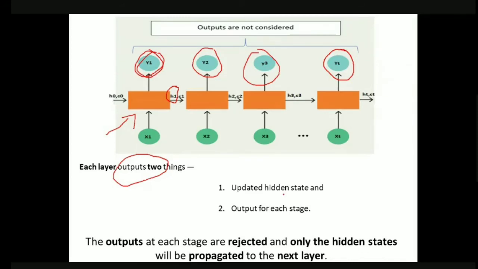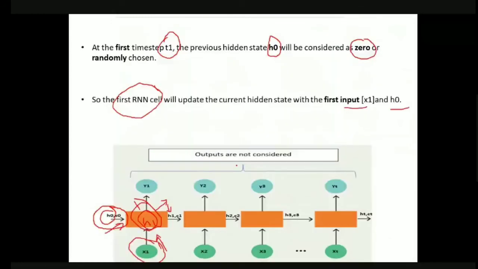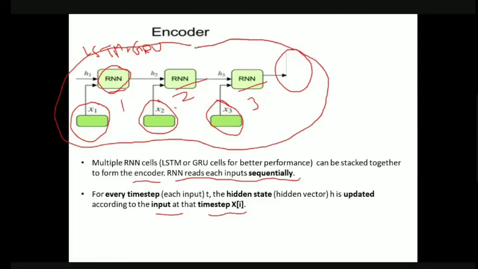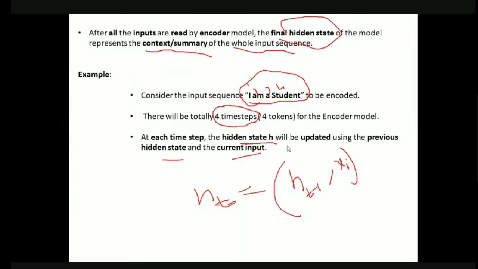First one is the updated hidden state, and updated hidden state means this. So for this unit H1, for this unit H2, for this unit H3. And output for each stage means Y1, Y2, Y3 and Y4. But remember, in the encoder, this is our encoder diagram, right? In the encoder, we are not going to consider the outputs, that is, we reject the outputs.